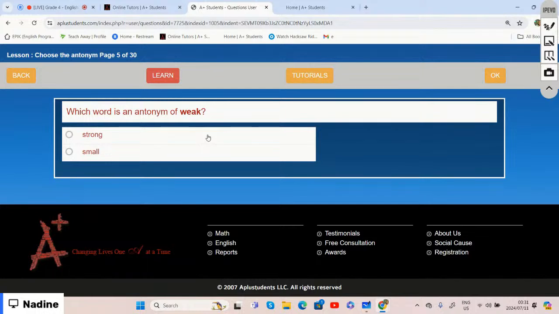The opposite of weak. So the opposite of weak, the antonym of weak, is it strong or is it small?